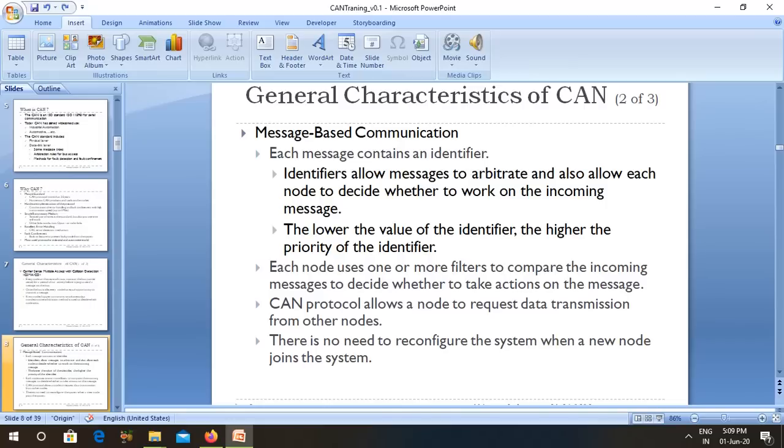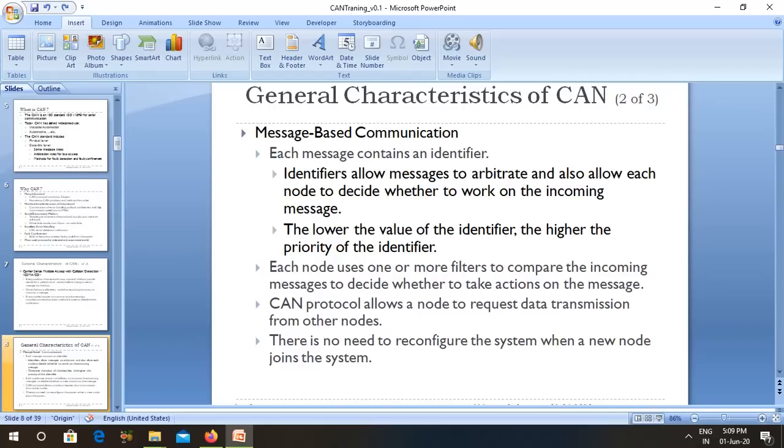This number, also called the identifier, is used to determine the winner node among the two nodes which have the equal opportunity to transmit. How will that happen? We have a clear diagram in the upcoming slides.